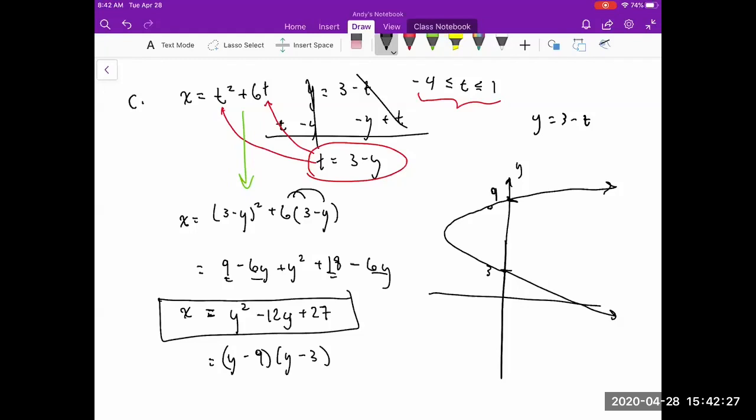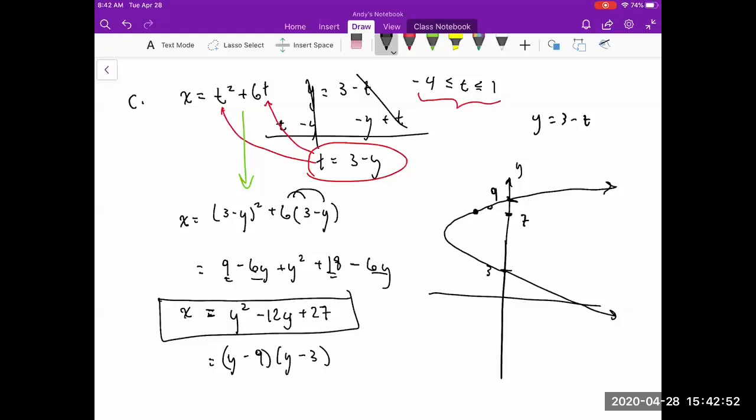So y is equal to 7 is about somewhere here, because it's a little lower than 9, of course. So that would correspond to this point, which I think makes sense. It's a negative x value, it looks like. So if you plug that t value into the x equation, you should get a negative x value. But we can just see it real quick.